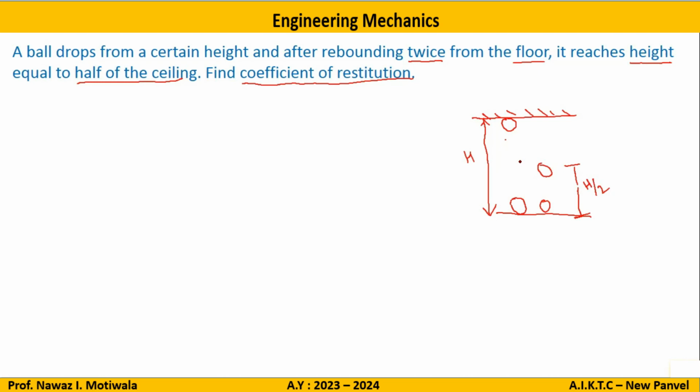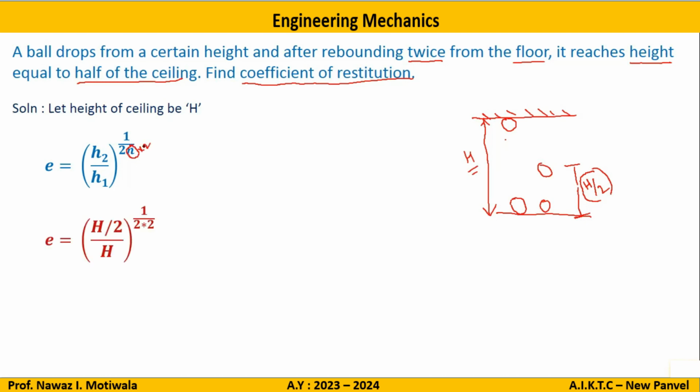Starting with the formula of the coefficient of restitution, E is equal to (h2 by h1) raised to 1 upon 2n. h2 is the final height. The final height is given to us as half of the ceiling, that means h by 2. h1 is h, that is the initial height, and the number of bounces is given in the question as on the second bounce, or after rebounding twice, that means n will be equal to 2.